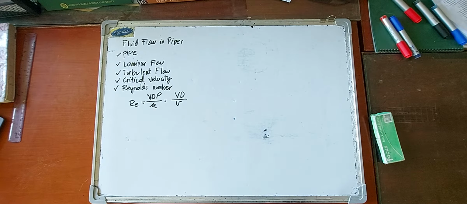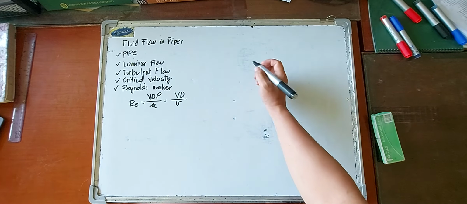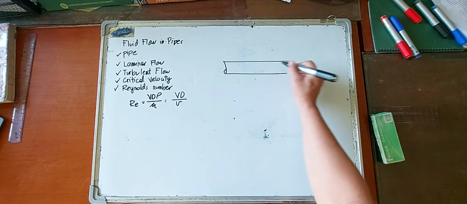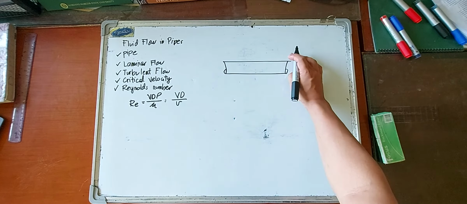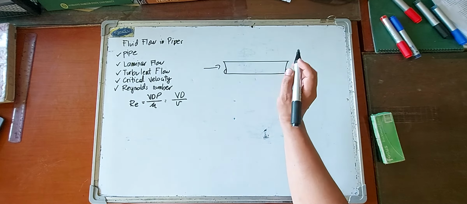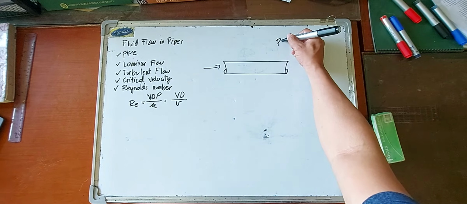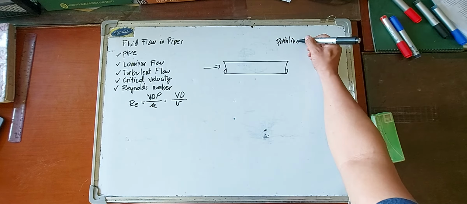The flow is said to be laminar when the path of individual particles do not cross or intersect. So ano ibig sabihin nun? Say for example, we have a pipe and a certain liquid flows in it or through it. So yung path ng individual particles, we call those path lines or streamlines.